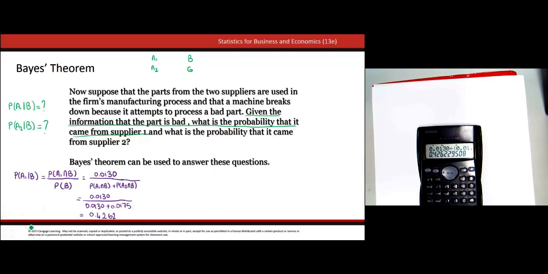Now the other question, what's the probability the part comes from supplier 2 given it is bad? We know it is bad. What's the probability it came from supplier 2?